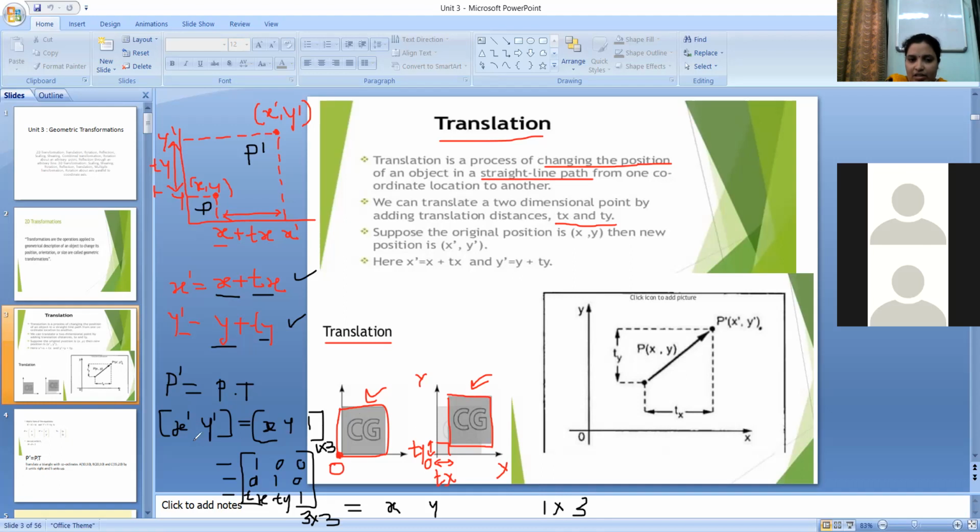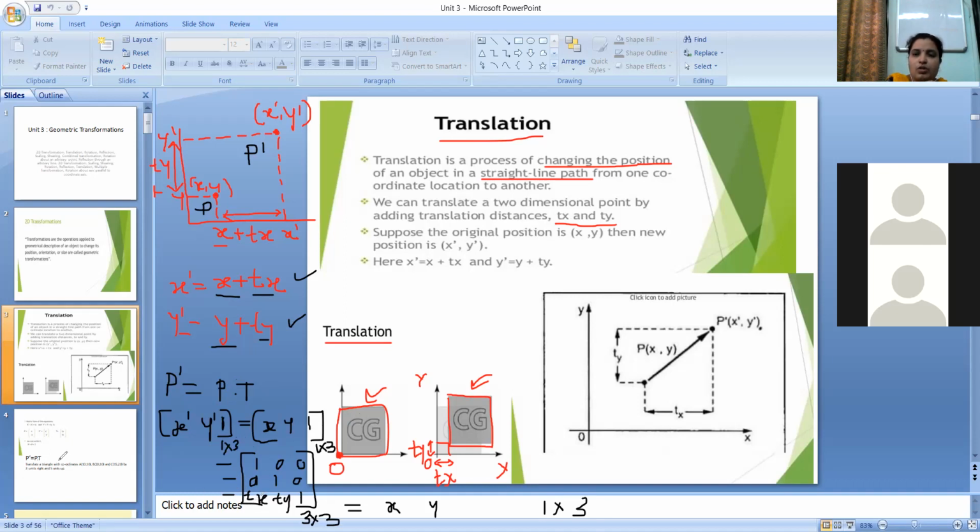That 1 by 3 result is here. That is your P dash. After multiplication, you get P dash. P dash currently has the dimension 1 by 2, so I will increase one element here also so that the order of the matrix will be 1 by 3 now.